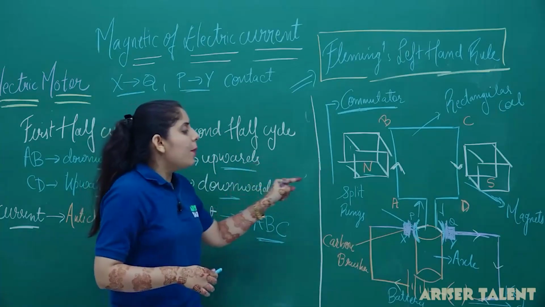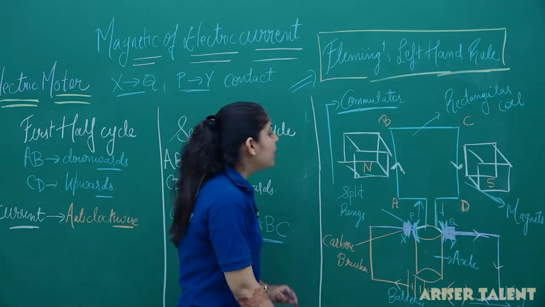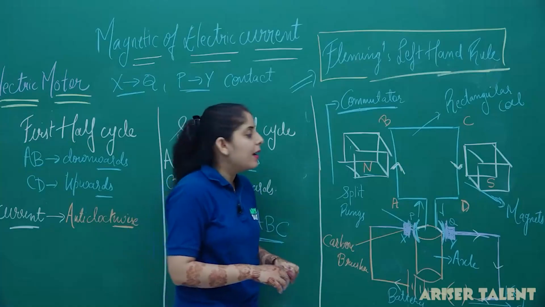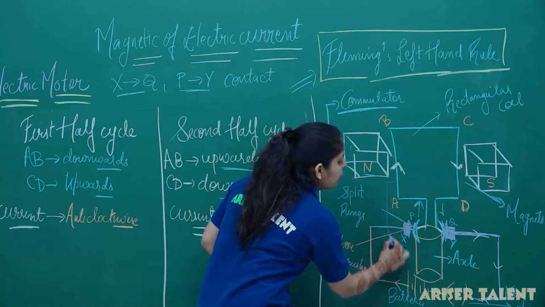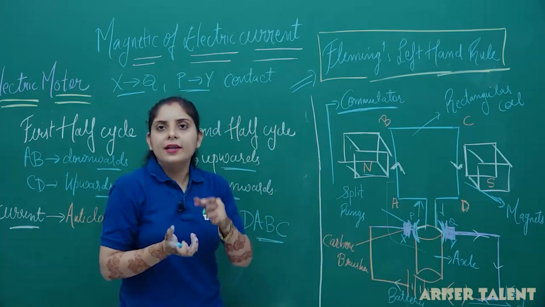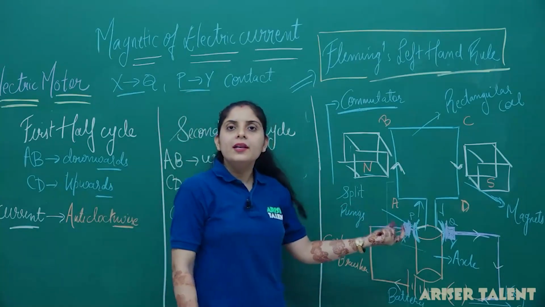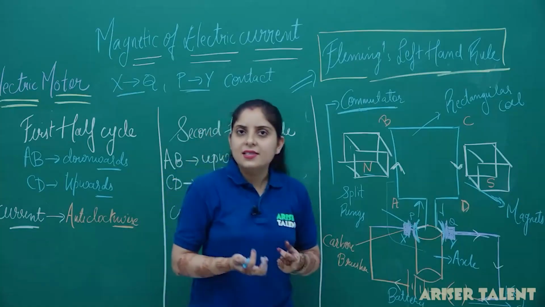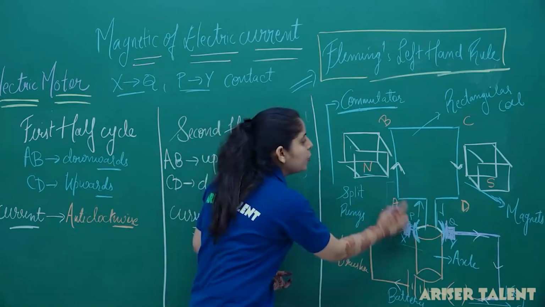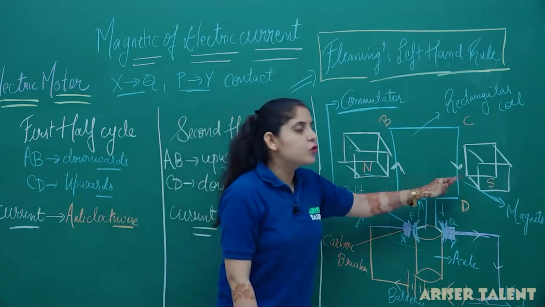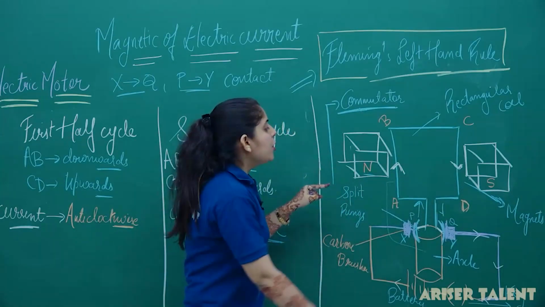Now, when you apply the current in the system, you can see that this coil and this axle are interconnected to each other. They are going to rotate between these two strong electromagnets as soon as the current is applied. What is going to be rotated?